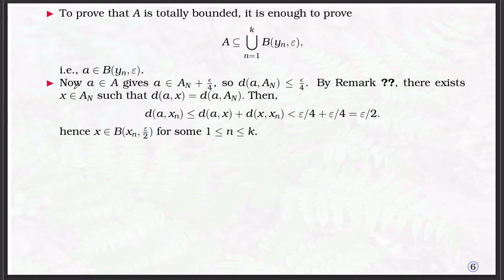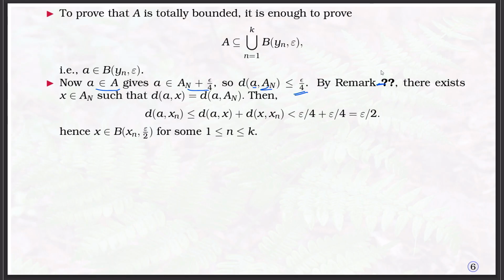Now, we are taking a in the set A, it gives that a belongs to the dilation of A_n plus epsilon by 4. So, the distance between a and A_n is less than or equal to epsilon by 4.